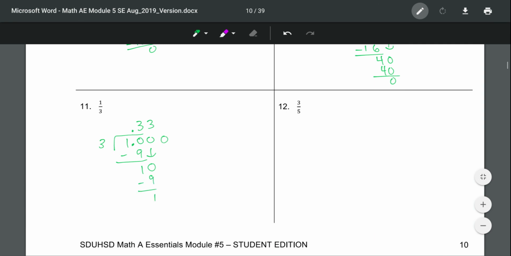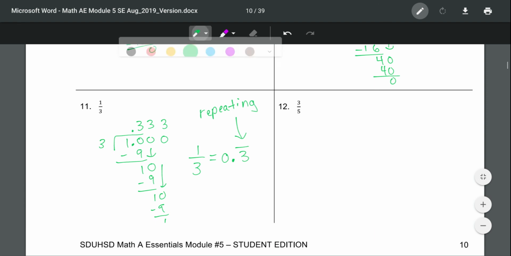Remainder of 1, keep going. Notice how it's just going to keep repeating. So that means that 1/3 is 0.3 repeating. You write 0.3 and then put a line over the 3 that indicates that it's a repeating decimal, so the 3 is going to keep going on forever. Just make sure that you have that line over the 3.